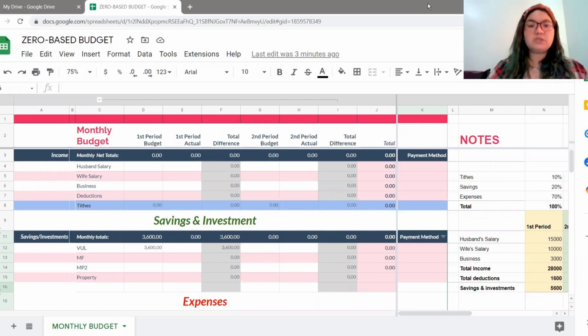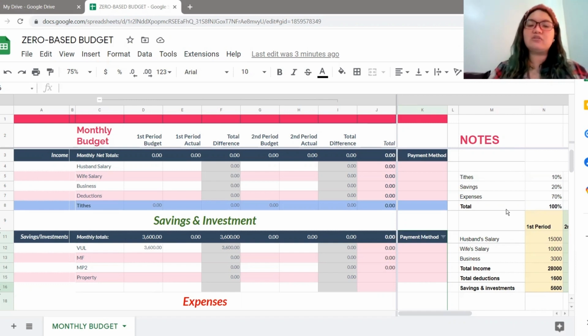So based dun sa example natin na husband, wife, and 1-year-old na baby, sa family namin, ito yung aming breakdown ng finances: 10% of the total income ay tithes and 20% ay savings. Tapos, expenses naman ay 70% with a total of 100%.